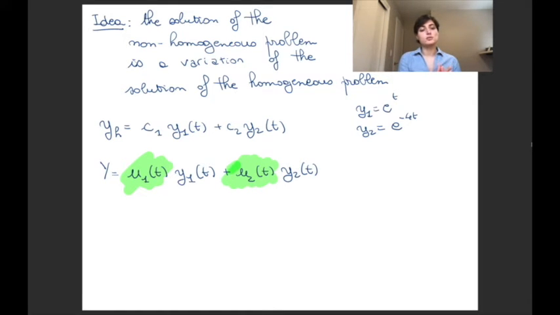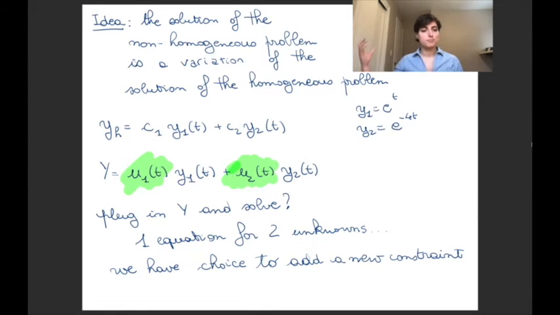So if the homogeneous solution is c1y1 + c2y2, the non-homogeneous solution has the same form, but the coefficients are now functions of t themselves: u1(t) y1 + u2(t) y2.